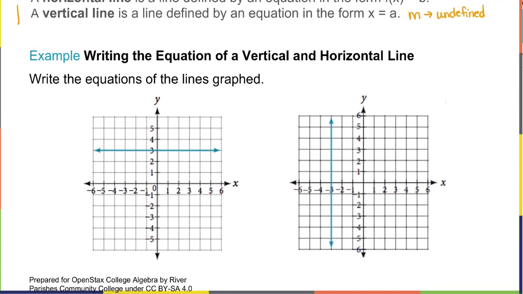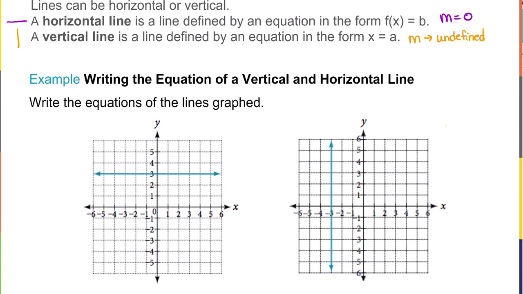So this is a horizontal line. So horizontal lines are f of x equals b. B is where it crosses the y-axis. It crosses the y-axis at 3. Actually, it crosses all lines at 3. All the points here have a y-coordinate of 3. So f of x equals 3 would be the equation.